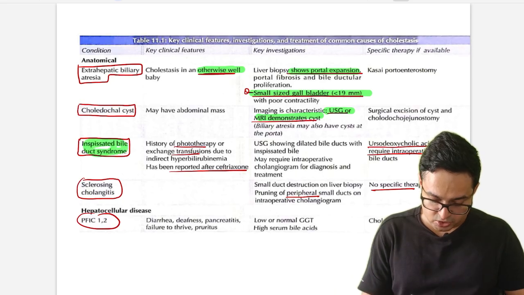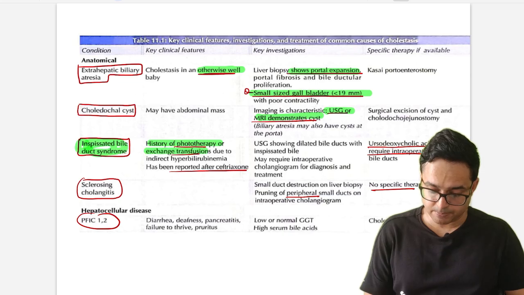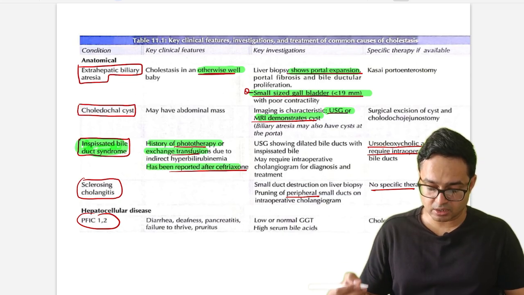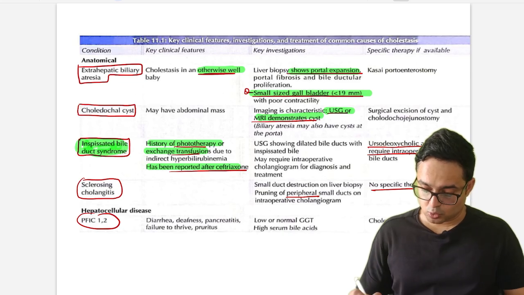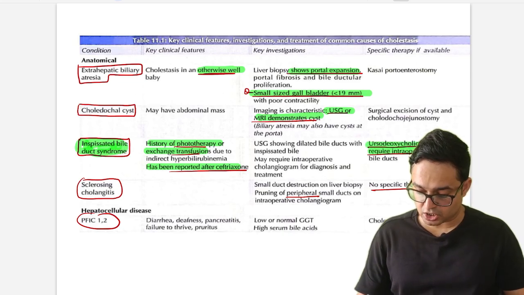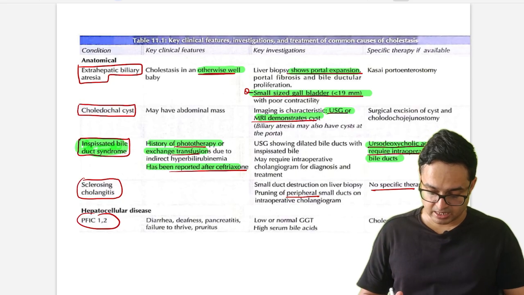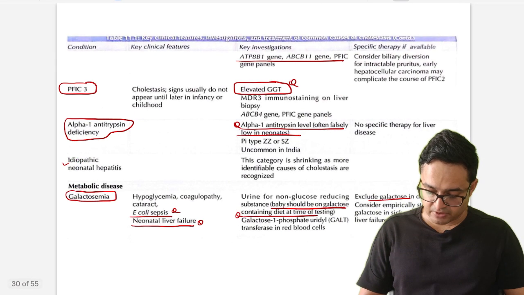Inspissated bile duct syndrome. Okay, so in this condition, there is history of phototherapy, exchange transfusion, or ceftriaxone IV. The treatment is ursodeoxycholic acid and may require intraoperative flushing of bile ducts. Very much important.